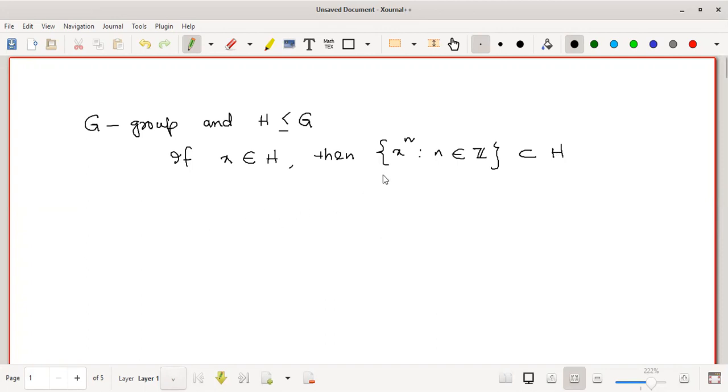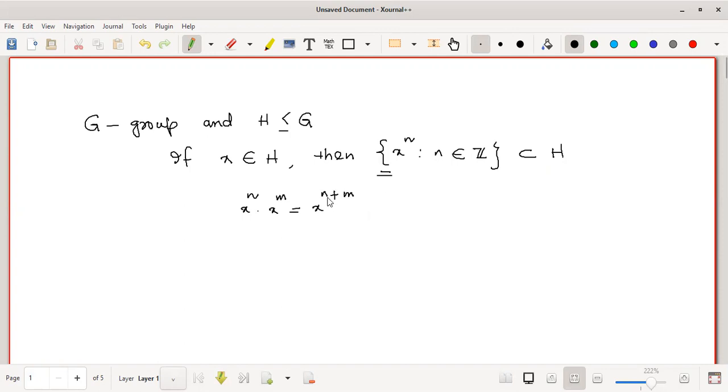But if we see carefully, this set itself is a group with respect to multiplication. Why? Because first of all, if you take two elements from this set, say x to the power n and x to the power m, then x to the power n into x to the power m by law of indices, it will be x to the power n plus m.